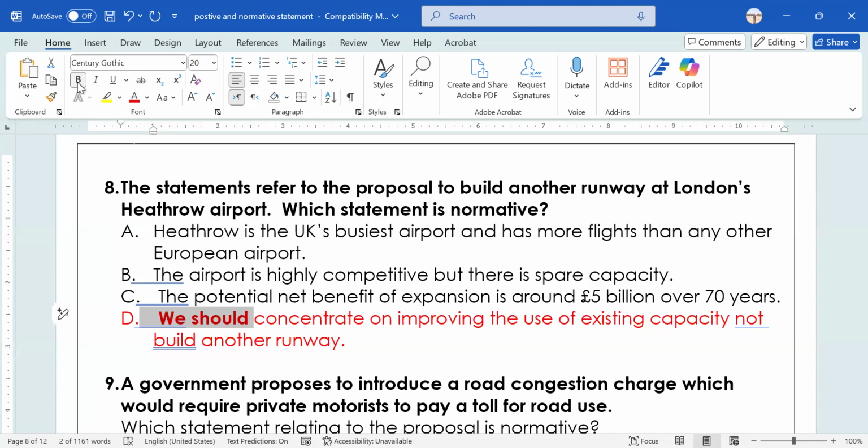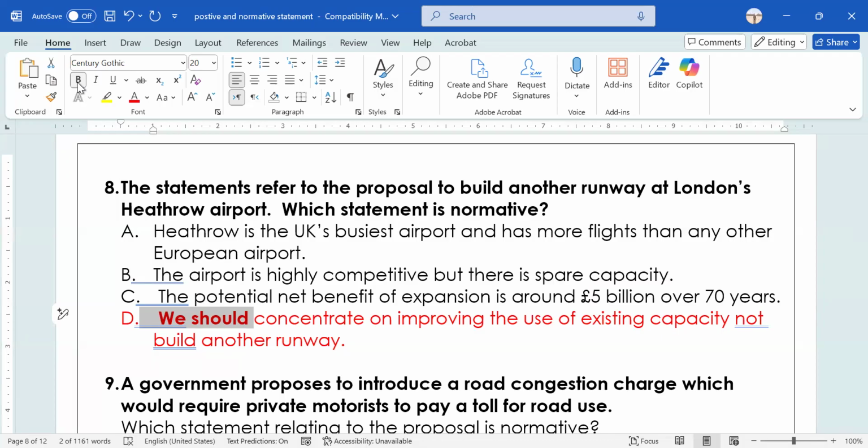So it really expresses the opinion about what must happen. Those are the clues. It reflects a recommendation or belief, and it's not really a fact. So yeah, letter D is the correct answer.